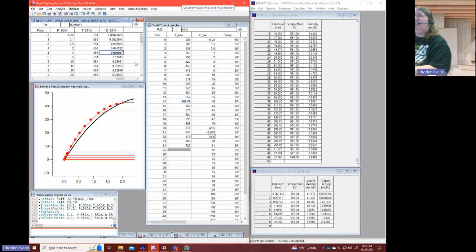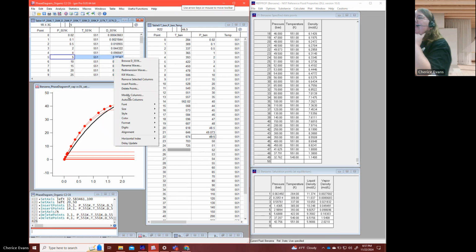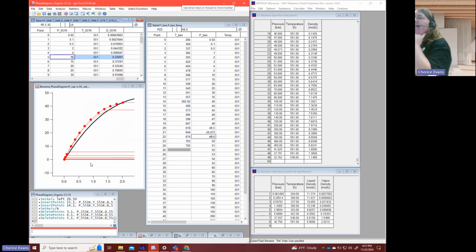If I delete that, you have too big a jump there. So I kind of want the difference between those 2 points. So 0.23 plus 0.09 divided by 2, so about 0.16.